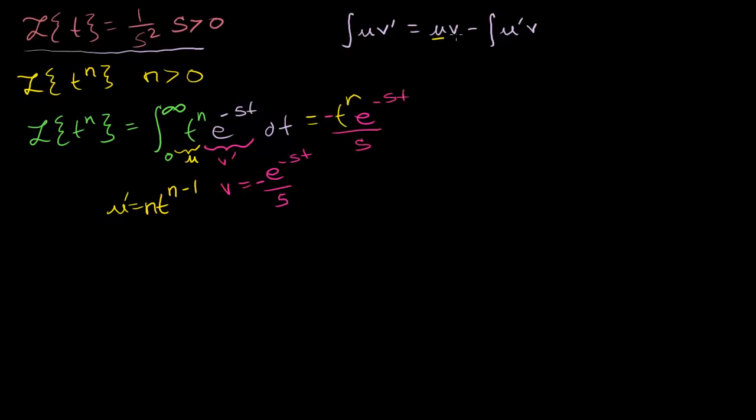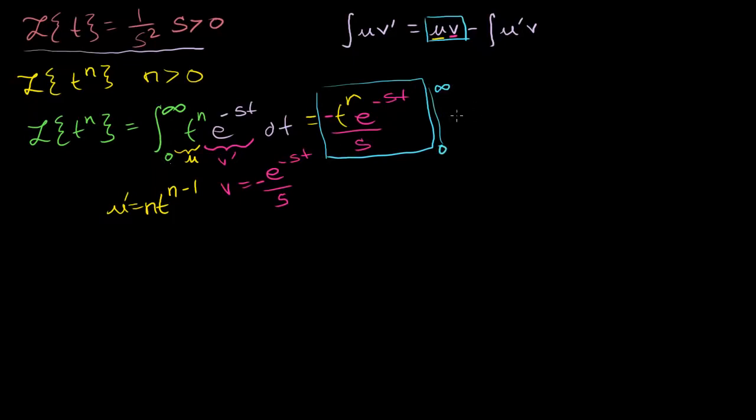And so that's the uv term right there. And of course, I'm going to have to evaluate this from 0 to infinity. But you know we're going to have to evaluate that.